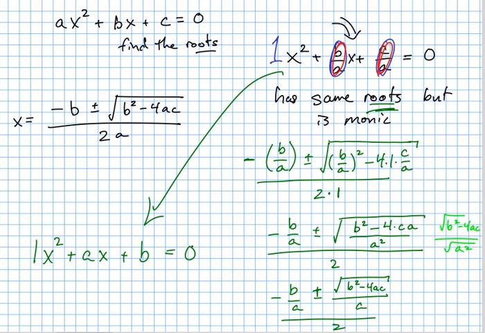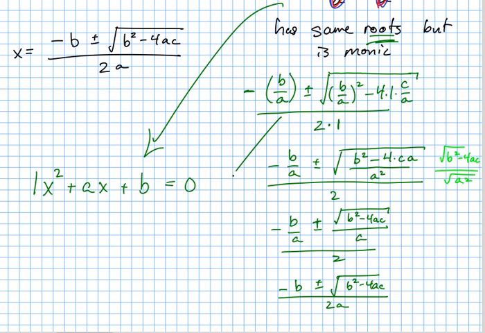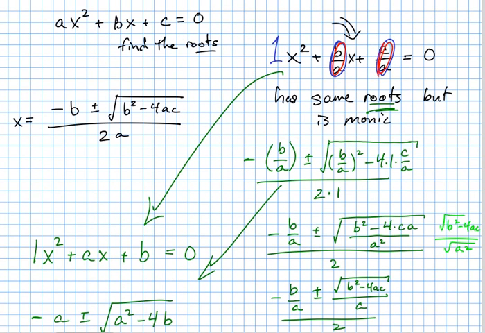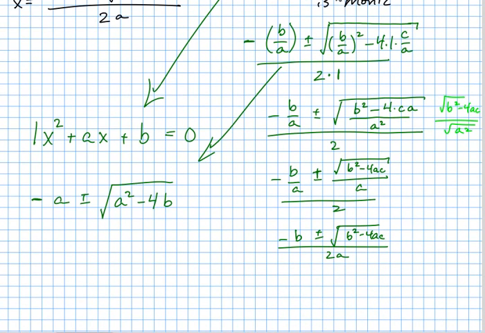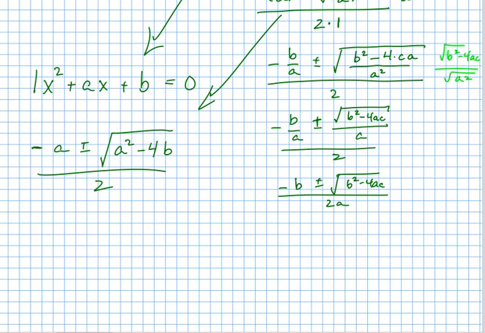And of course, when he did that, he used this reduced formula, which gives you minus a plus or minus square root of a squared minus 4 times b, as he's relabeled this to be, calling this a and this b, and then divided by 2.